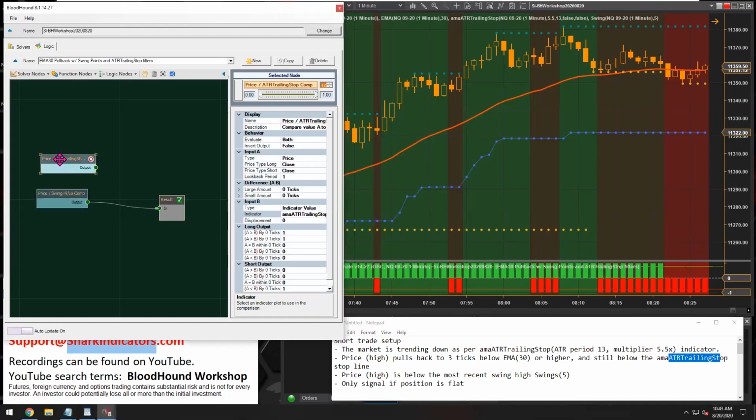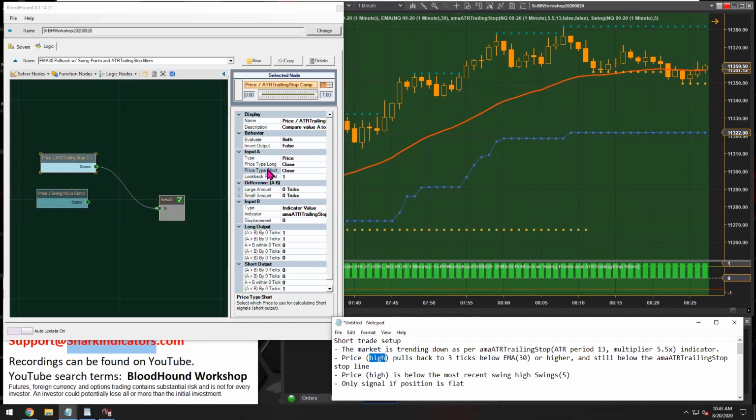So let's go back to our first solver here, the one using the ATR trailing. Instead of using the closing price, let's set them to the high and the low prices.